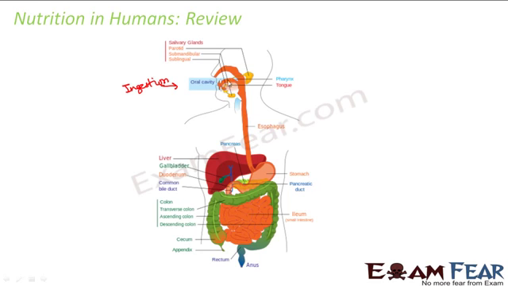Then the food reaches the pharynx, which is a common point for both food and wind. Then the pharynx sends it to the esophagus, which is the food pipe. This food pipe will take the food to the stomach. Now in the stomach there are gastric glands which secrete the enzyme pepsin, which helps in the digestion of proteins.